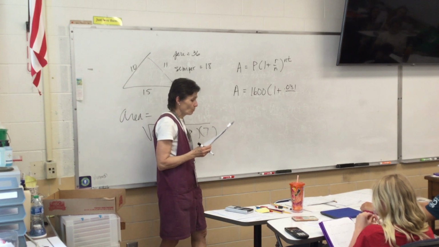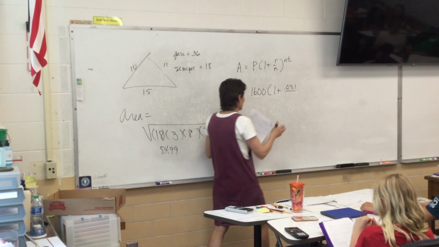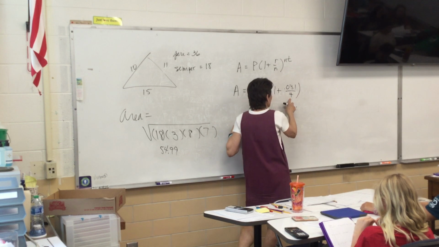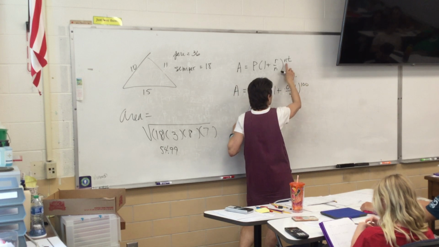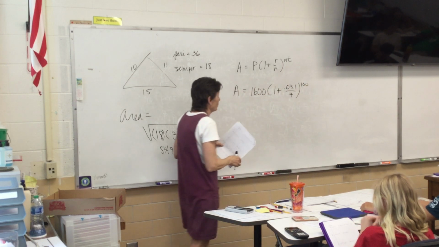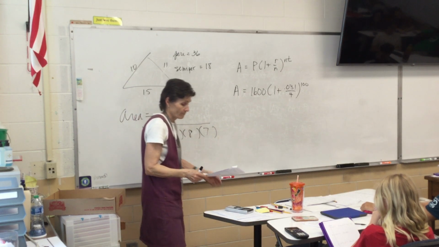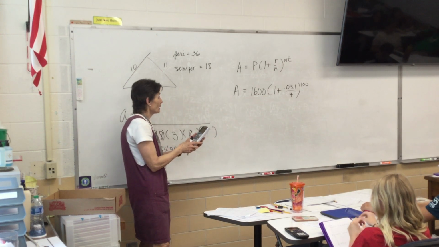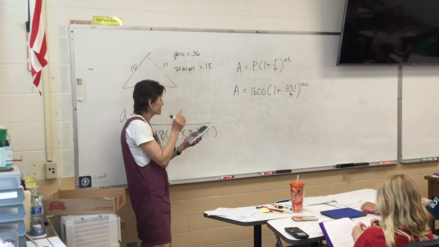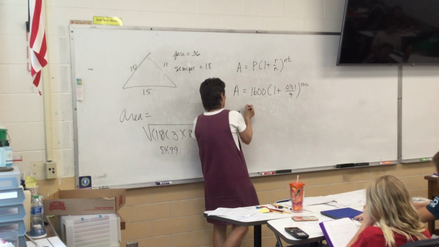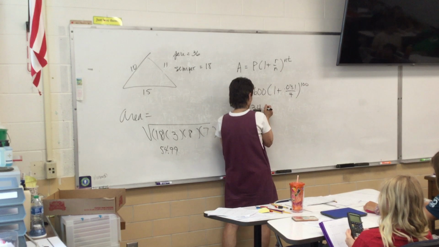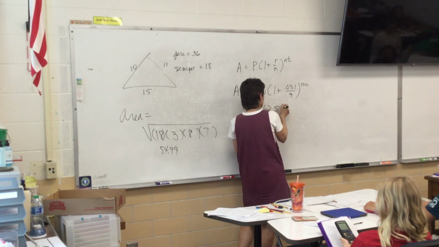So 0.031 divided by 4, because we are compounding quarterly, and we're doing it for 25 years, so it's 4 times 25 or 100. You can type that in exactly the way I wrote it, and it'll be okay. Make sure you're getting $3,462.59.